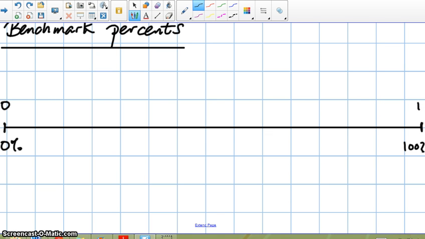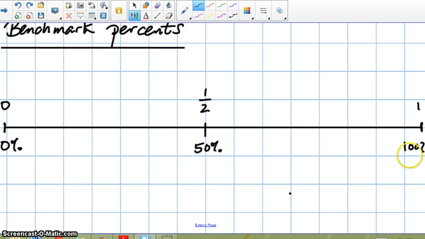Let's mark approximately halfway. What's halfway between 0% and 100%? You should know this, it's 50%. Now ask yourself, what is the corresponding fraction to 50%, or what's its equivalent? You should have identified it's 1/2.